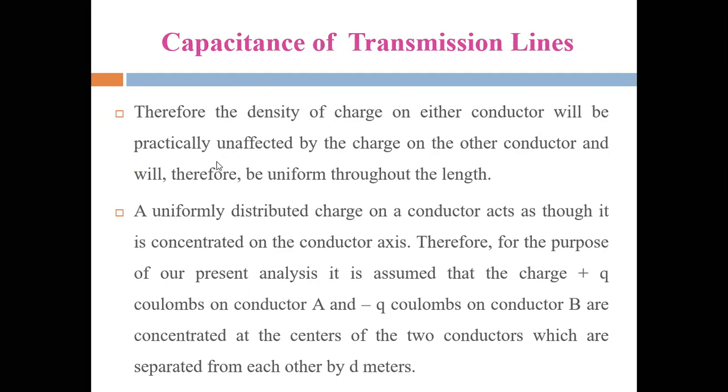That is the main reason for taking the distance between the two conductors as more than the radius. Therefore, a uniformly distributed charge on a conductor acts as though it is concentrated, and we obtain a uniform distribution on the conductors.